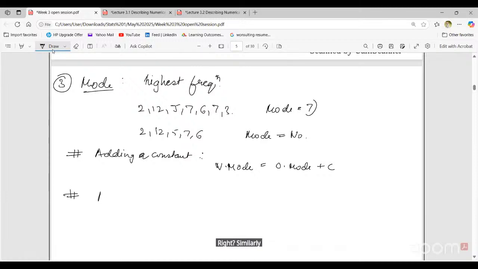Similarly, if I'm multiplying, the new mode is equal to the old mode times the constant term. Is this clear? Mean, median, mode? Yes, ma'am.